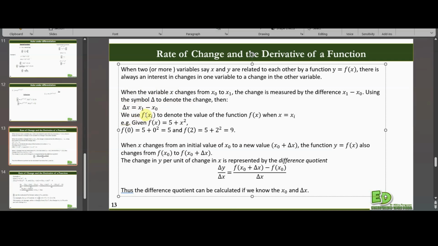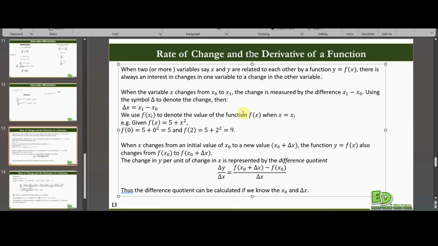We use f into brackets xi to denote the value of the function, f of x when x is equal to xi. So the rate of change here: we often want to know how much y changes when x also changes, right?